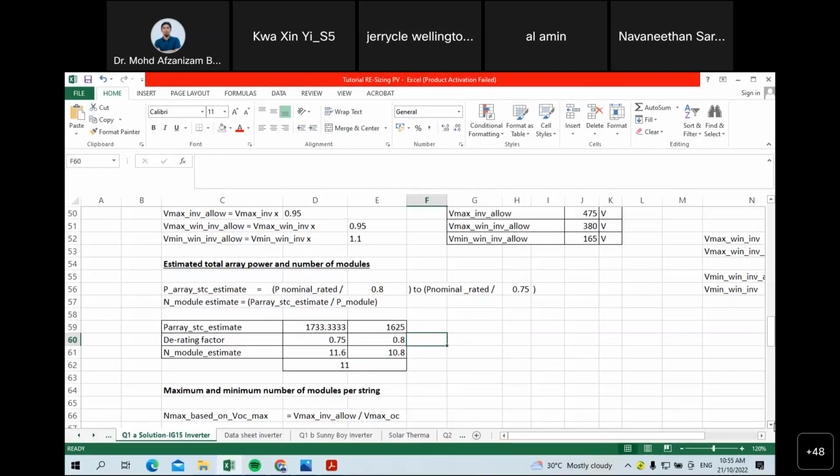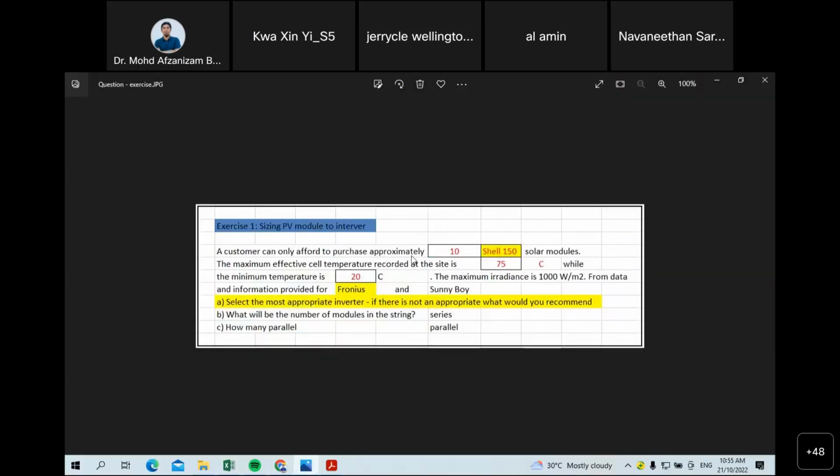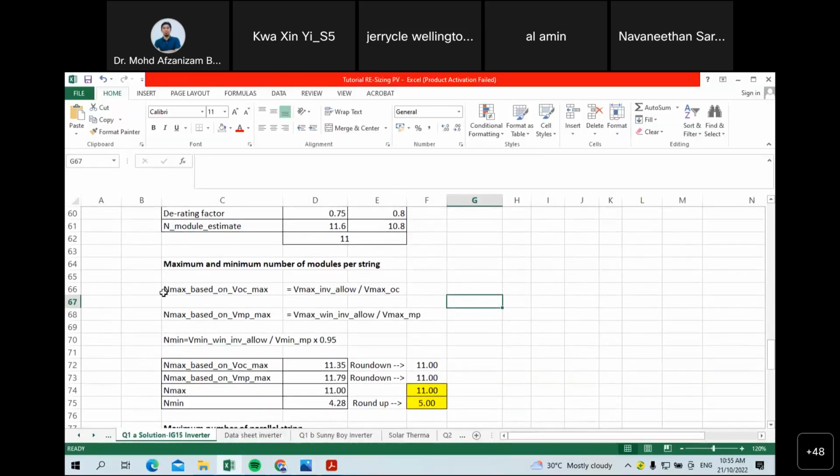So the main business starts here: to determine the maximum and minimum number of modules per string, which refers to questions B and C. But for now, we go for B. By using this value, n max, n means the quantity maximum based on the VOC max, equal to the Vmax inverter allow divided by the Vmax open circuit.